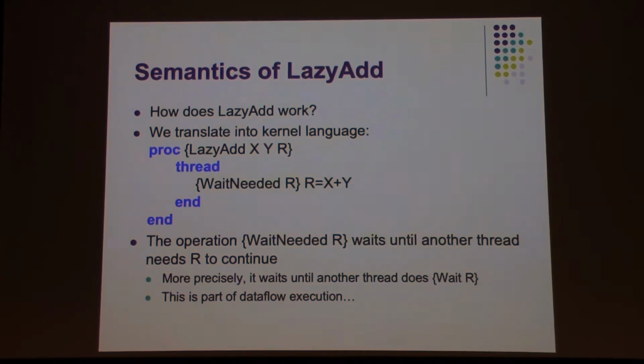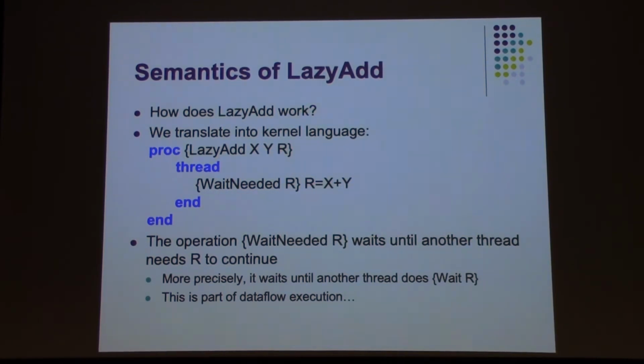So what does the wait needed do? Wait needed is a very interesting operation. Wait needed R will suspend, that means it will wait, it will block the current thread until another thread needs R. Okay? Until another thread, for example, has to do R plus 100.